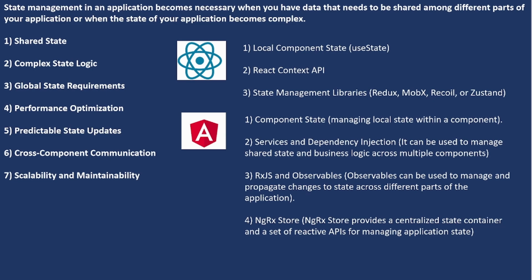So whenever you're using Redux, MobX, or React Context API, or maintaining the local component state in a small application, what's going to happen? It will stop the unnecessary renderings.